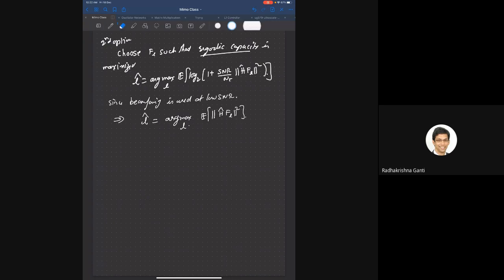One more thing that you observe, let me just write this, an observation: for any phase theta, I mean, this is very simple to see now.